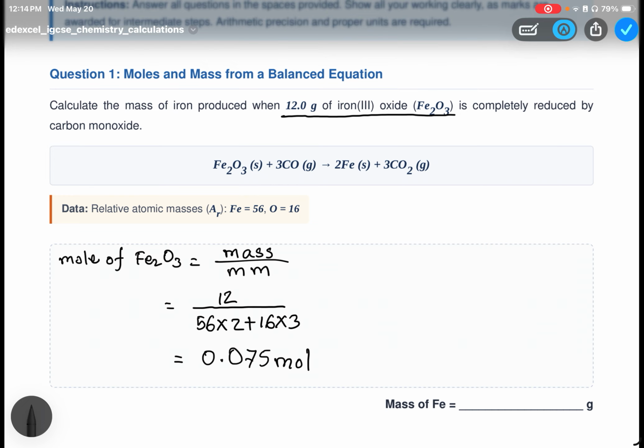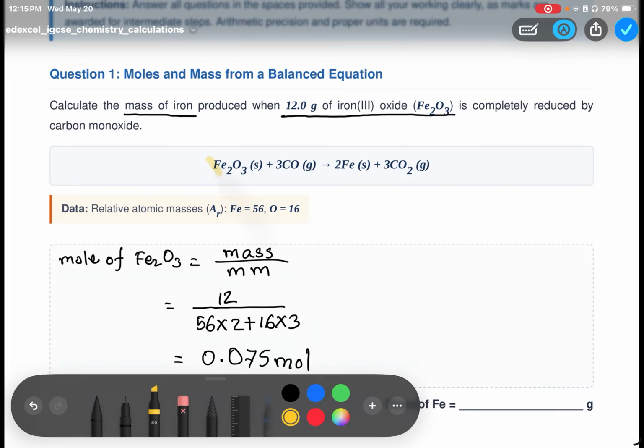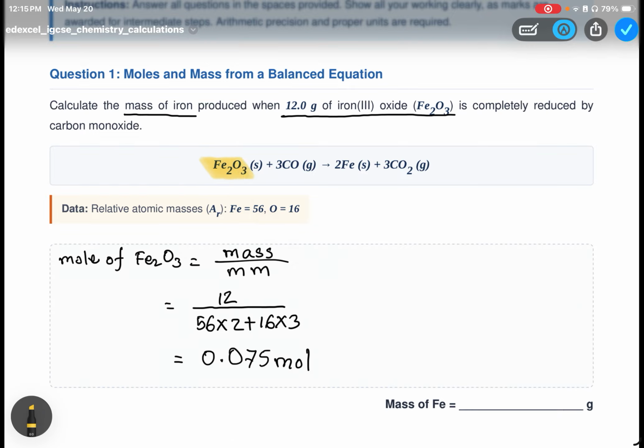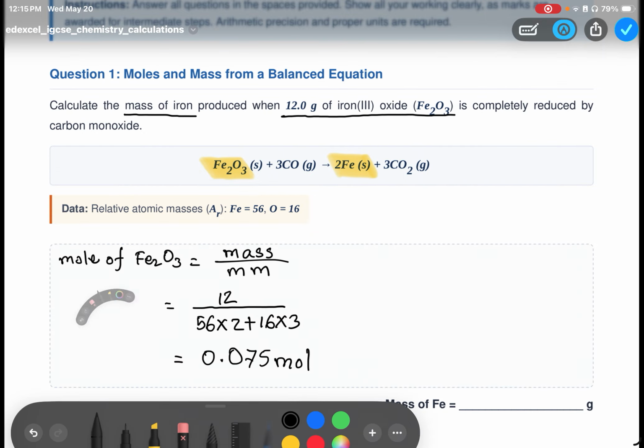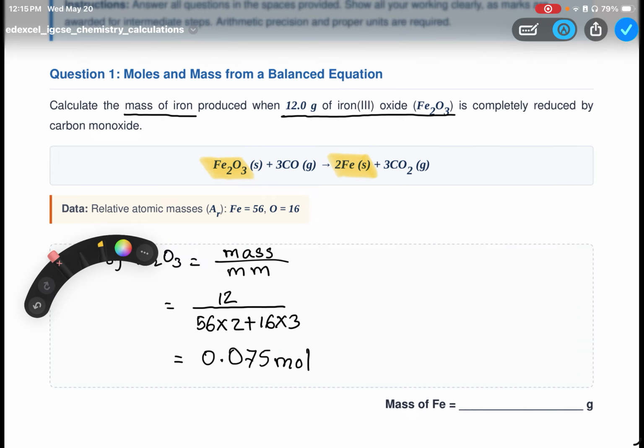Now, this is the moles of Fe2O3 and we are asked to calculate the mass of iron. This is one of the important steps. We need to have a relation between this one and this one. If we look into the equation, we see that the mole ratio for Fe2O3 and 2Fe is 1:2.